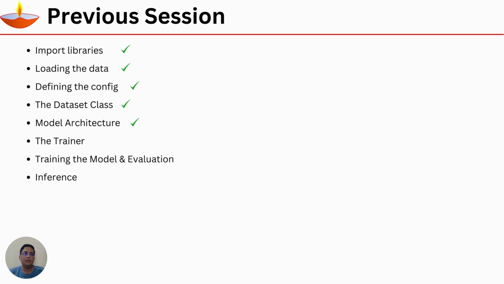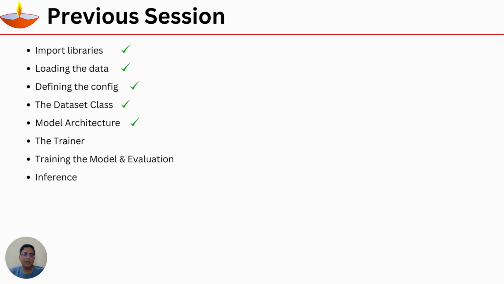Now, in this lecture, we want to understand the trainer class. It's one of the most important aspects of a deep learning model, and to build a very robust, efficient, optimal deep learning model, it's important to understand it well.